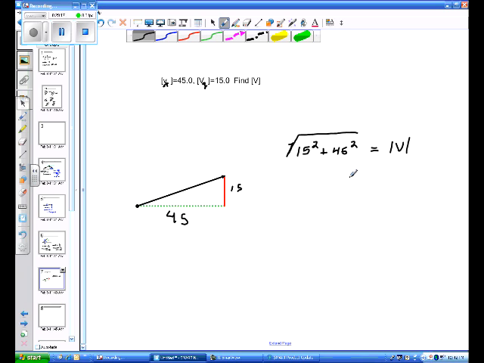And again, I'll let you put that into your calculator. So we get that the magnitude of v is 47.4. So you can be asked to find different parts of your magnitudes.